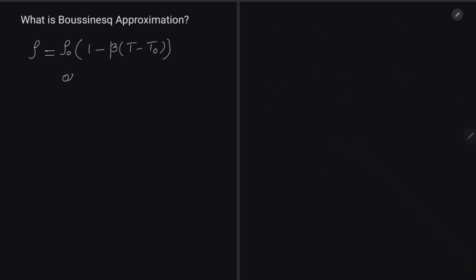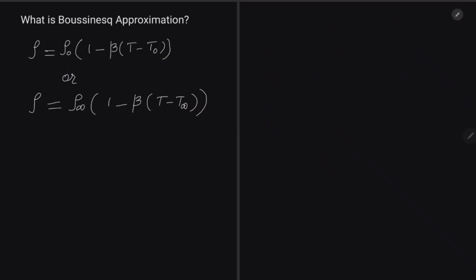Usually fluid mechanics people write this as rho infinity times 1 minus beta times T minus T infinity. They try to connect this with the free stream temperature, free stream density, and so on. So rho naught is also the ambient density, and T naught is the ambient temperature as well.